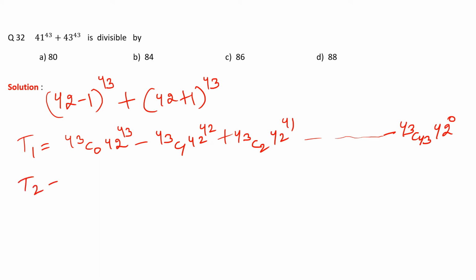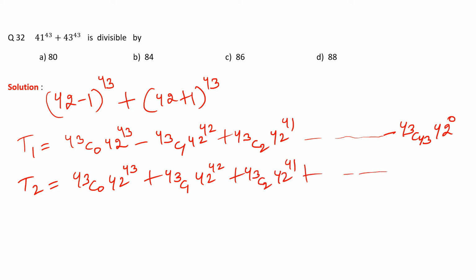Similarly, the second term can be written as 43C0 into 42 to the power 43 plus 43C1 into 42 to the power 42 plus 43C2 into 42 to the power 41 and so on till 43C43 into 42 to the power 0.